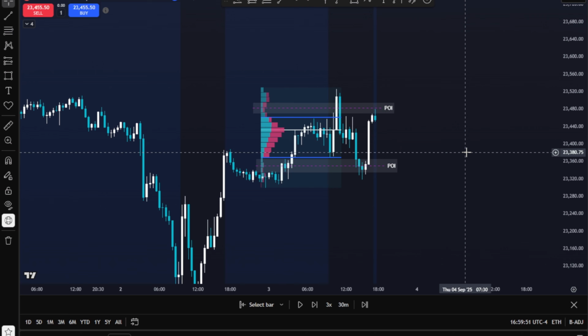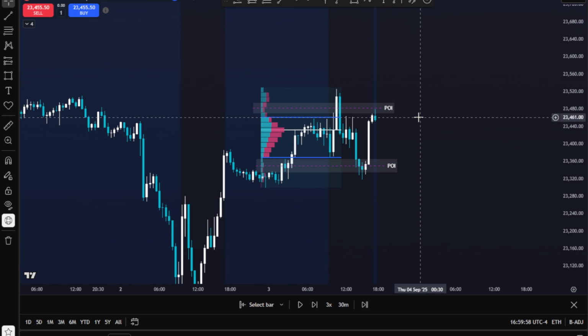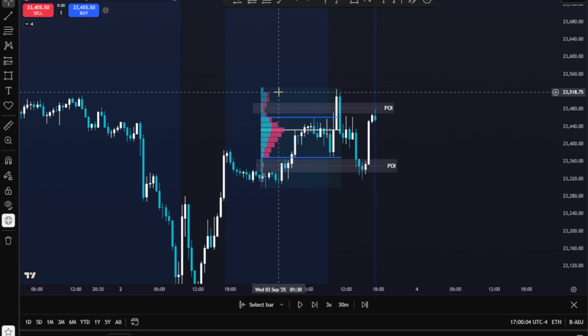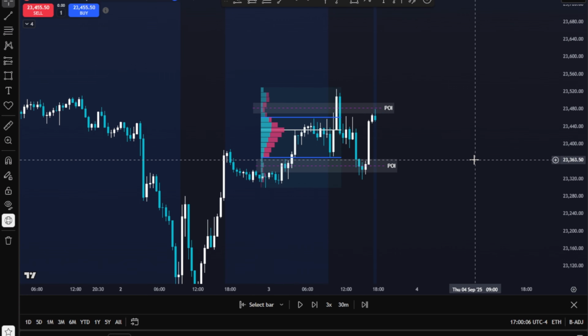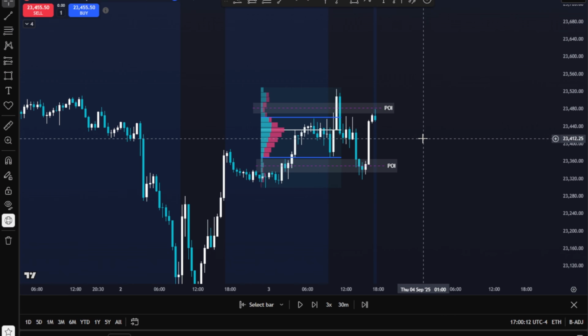So those are essentially more accurate when combined with your PD arrays that you trade with, whether it's supply and demand, smart money concepts, or ICT. Just adding a volume profile paints a picture of where the price is going and why the price moved from point A to point B.